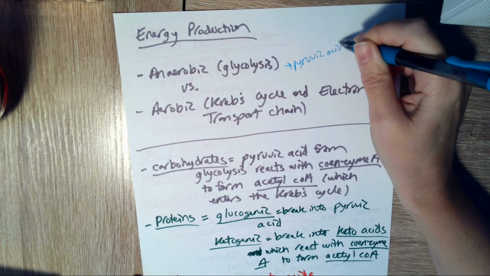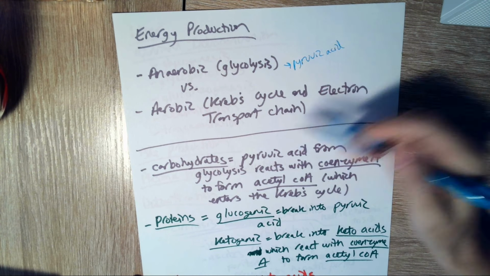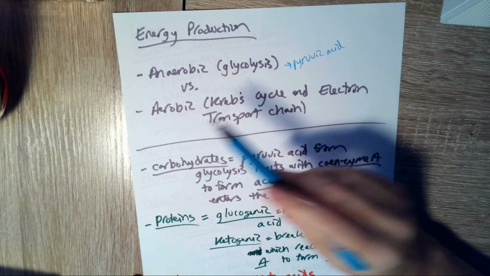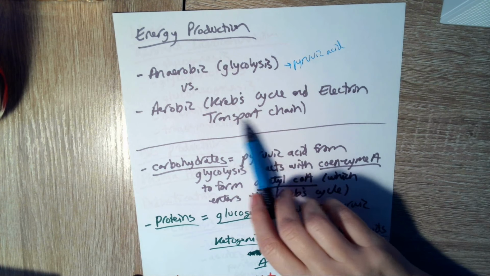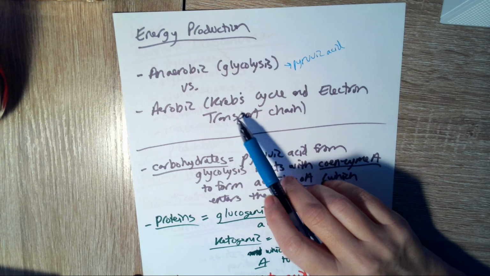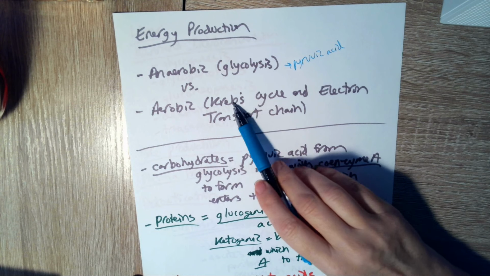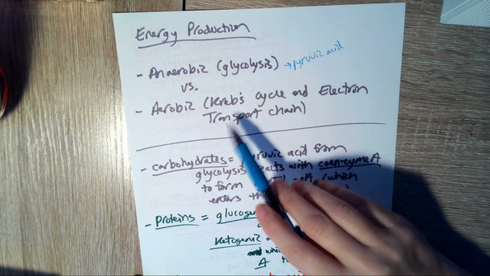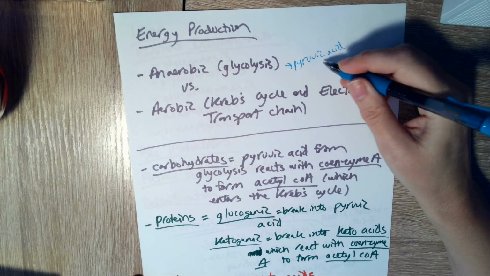and that can be reacted with some coenzymes, we'll look at that in a second, so that it can go into aerobic respiration, which is the Krebs cycle and the electron transport chain that's happening in the mitochondria. So this requires oxygen. The Krebs cycle is a series of chemical reactions where we take what we've turned pyruvic acid into.